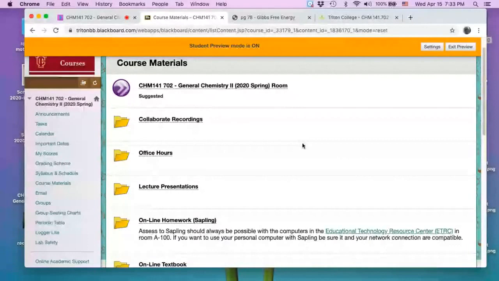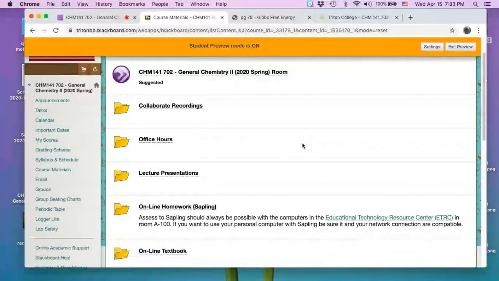So to get to that, you'll go to lecture presentations inside of course materials, and then you go down to thermodynamics, and you can click on either one of those. I just clicked on the first one, the PDF, and it'll take a little while to load.